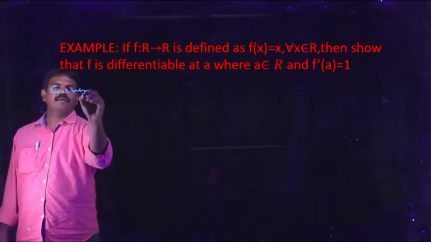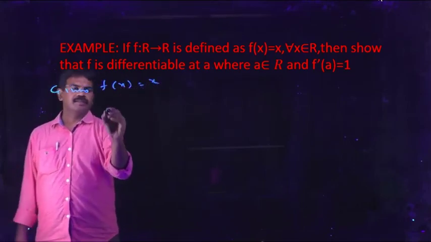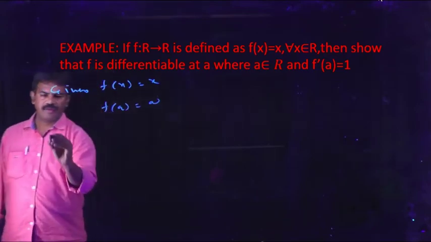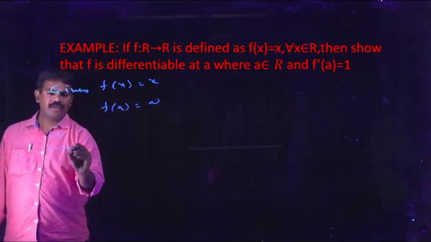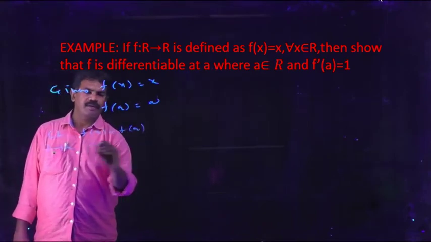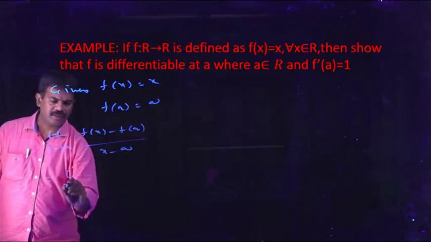Given f of x is equal to x, f of a is equal to a. Limit x tends to a, f of x minus f of a by x minus a, that is equal to limit x tends to a.